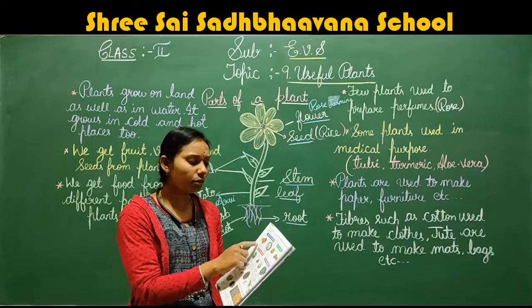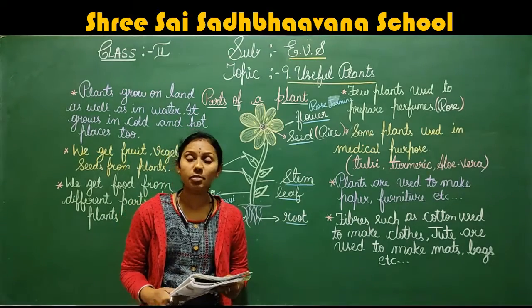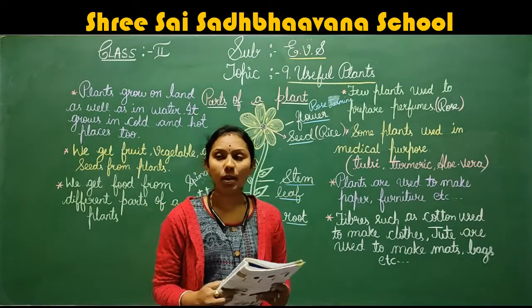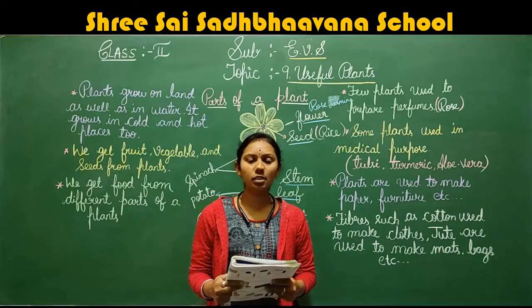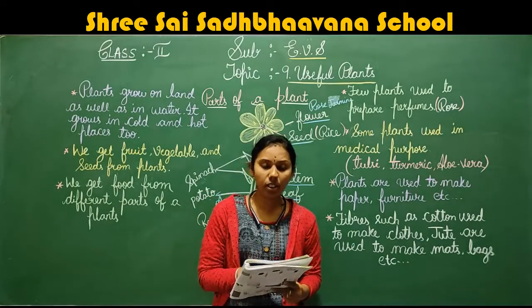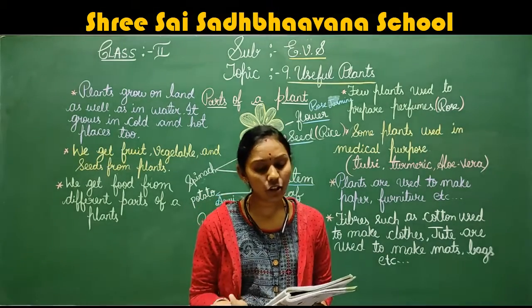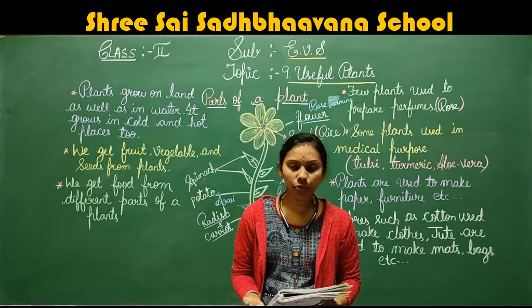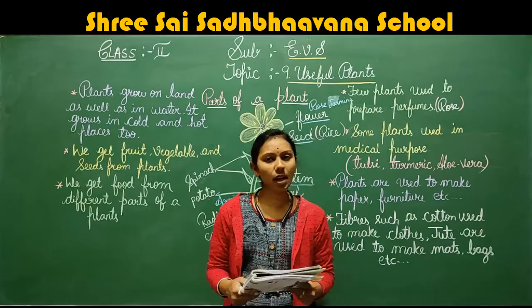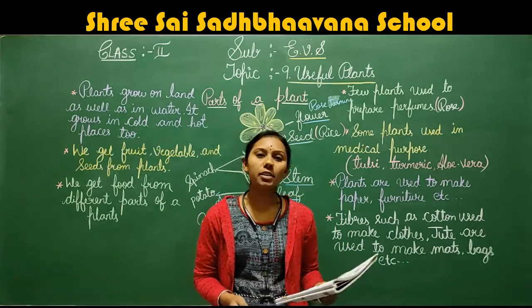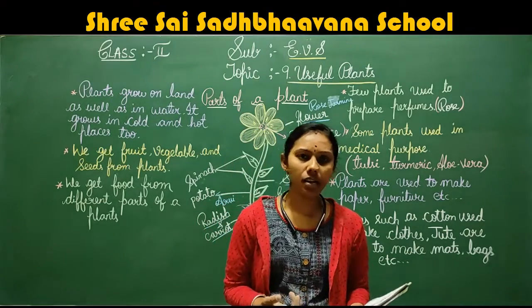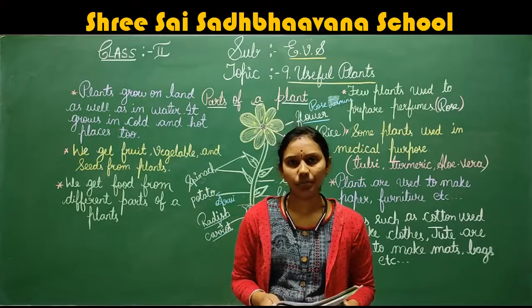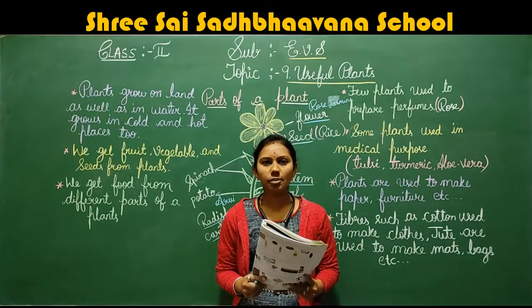Now we have learnt about the different parts of plants from which we get vegetables: root vegetables, carrot and radish; stem vegetables, potato and arvi; leaf vegetables, cabbage and spinach; and flower vegetables, cauliflower and broccoli. Okay, children, understood now?